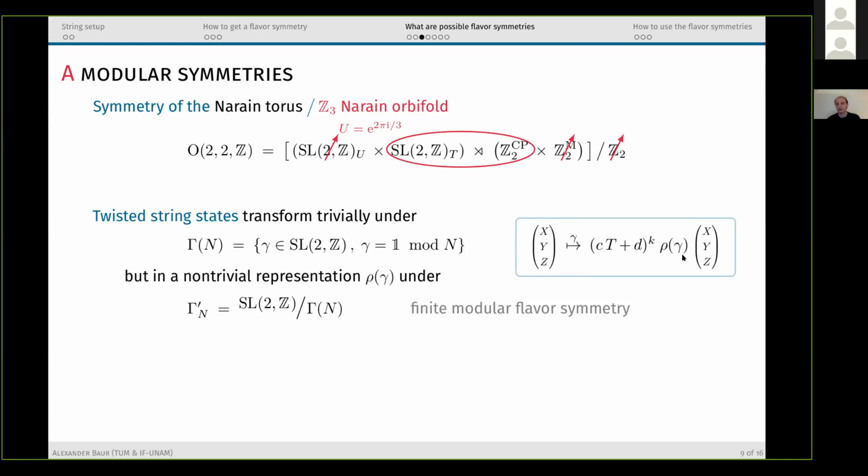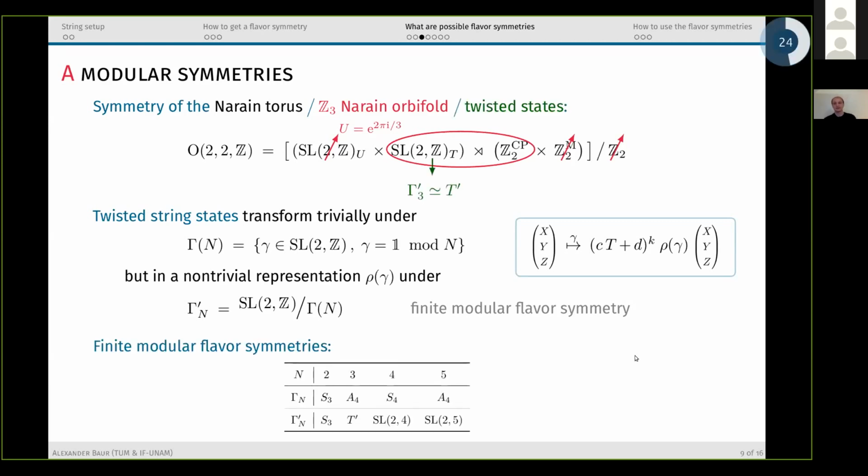And then, yeah, of course, back to the strings. So let's say the most difficult part that we're dealing with is finding out these rho matrices, and this is not that easy. But I don't want to go into the details of these computational difficulties. So let's take a look at what kind of finite modular flavor symmetries there are, or what some examples are.